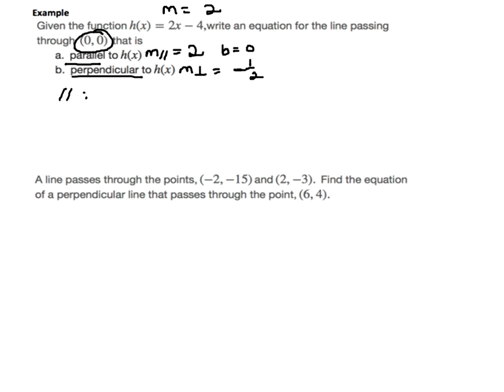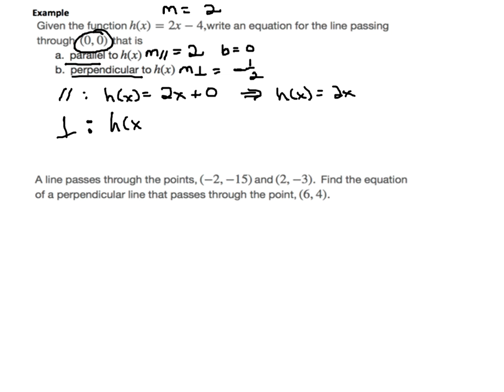So my parallel line equation, y equals, so let me use h of x just to be consistent. H of x equal to 2x plus 0. You will see this written as h of x equals 2x.